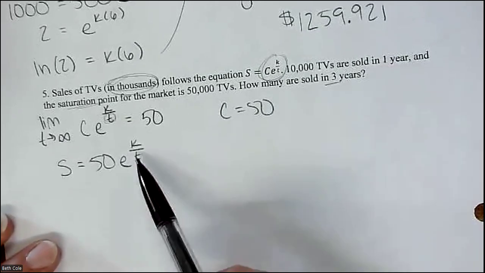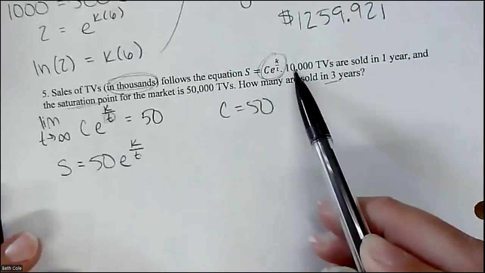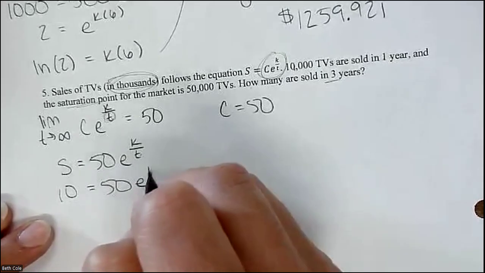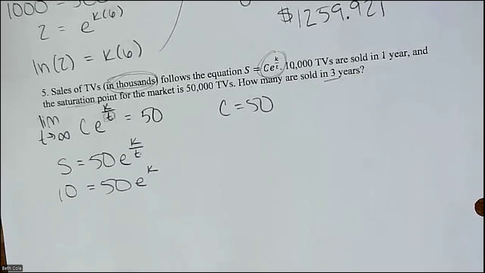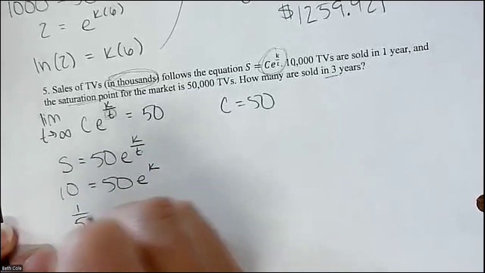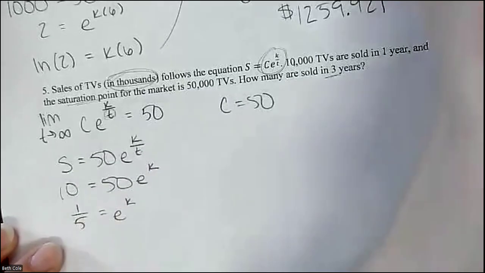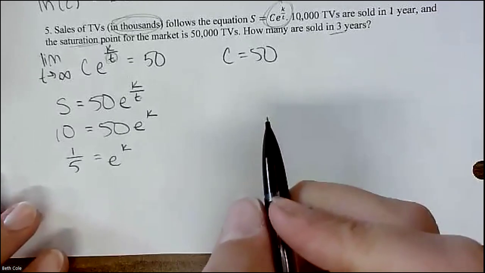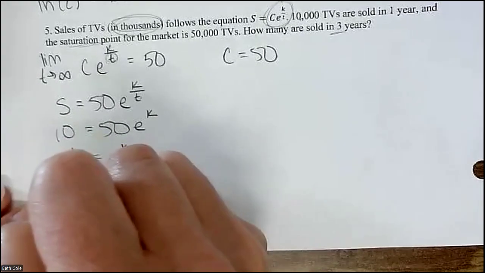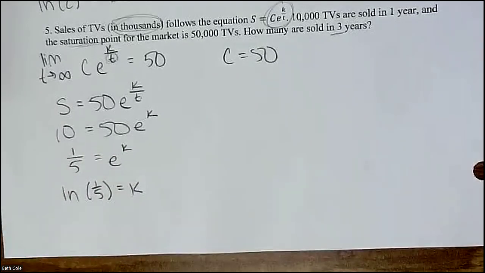In 1 year, so when T is 1, 10,000, I'm going to just put 10 because it's in thousands. And I just wrote e to the K. What happens to T? Yeah, it goes away because it was 1. And now we're going to solve. So you would divide over the 50. And then what? Yep, ln. So ln 1/5 equals K.